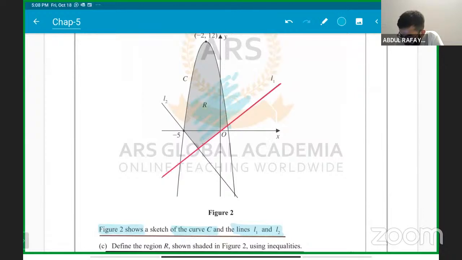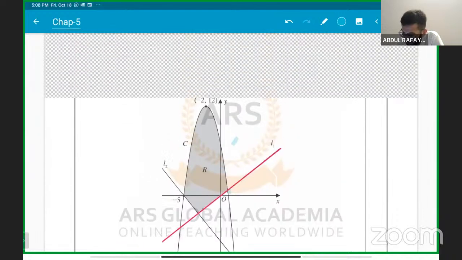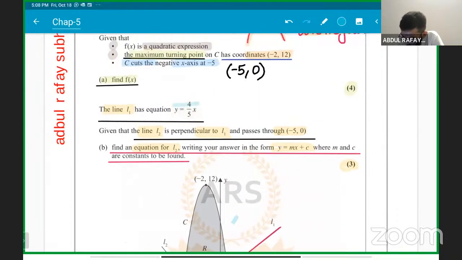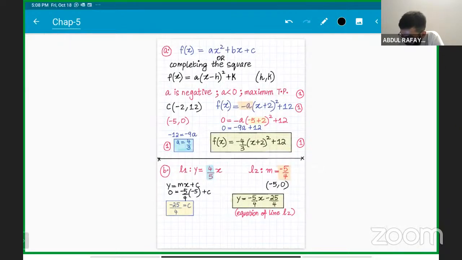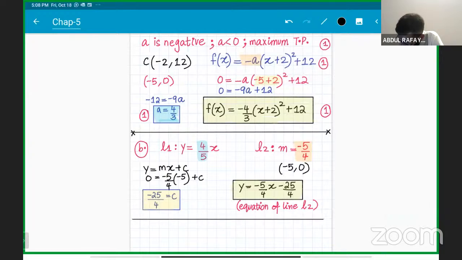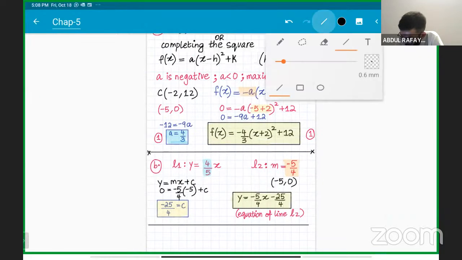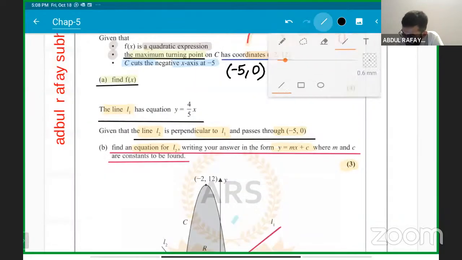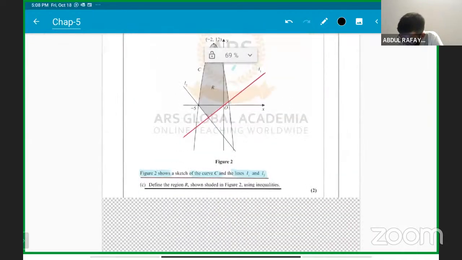If the shaded part is above that, what is the line 1 equation? The line 1 equation was y equals 4 over 5 x. So let's talk about it here, part C.